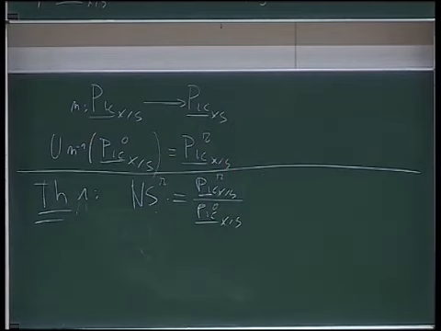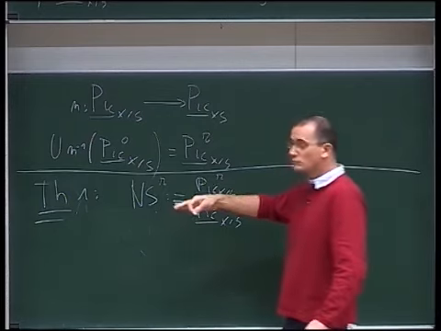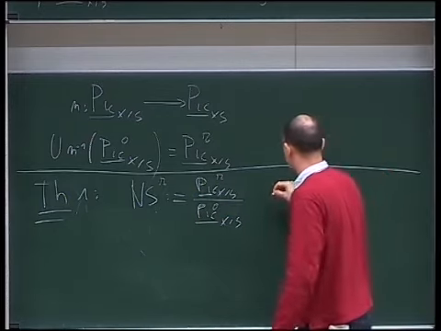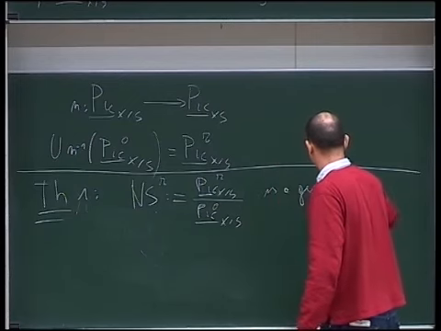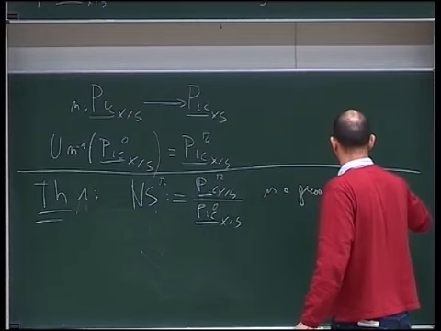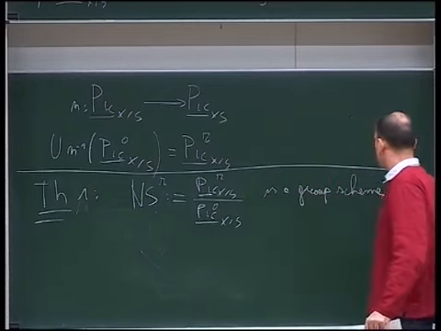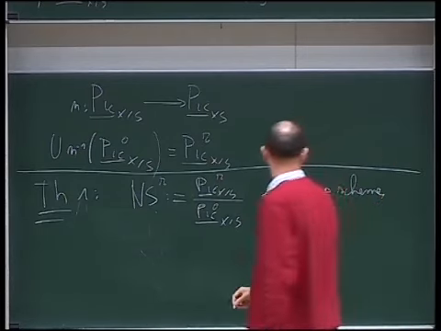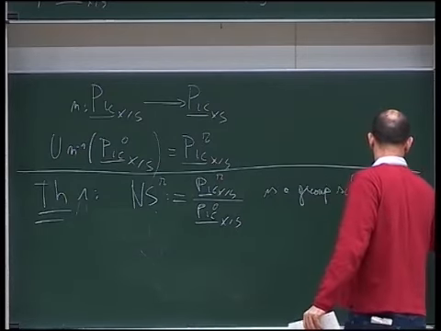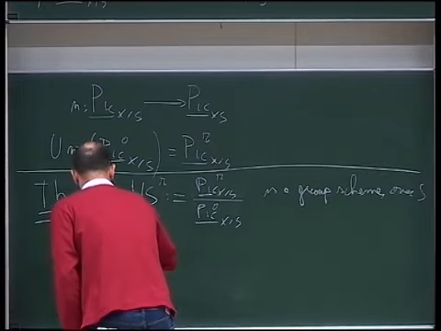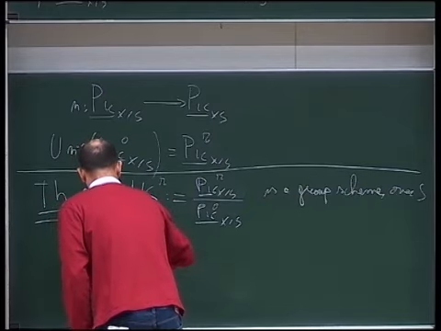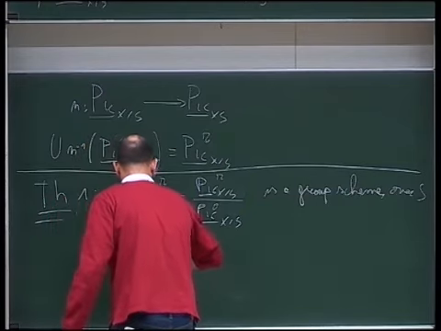The assumptions are good enough to prove that it is a group scheme. And we can say more, it is a group scheme over S. It is finite. And smooth.